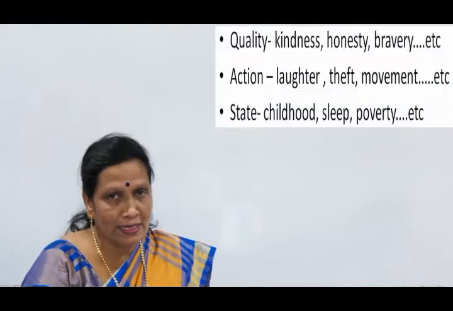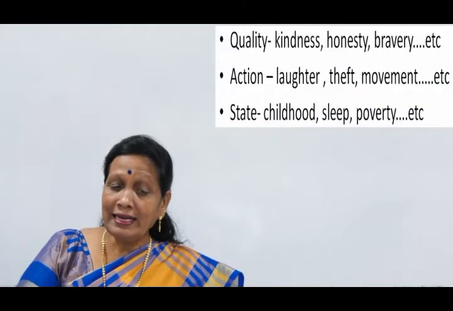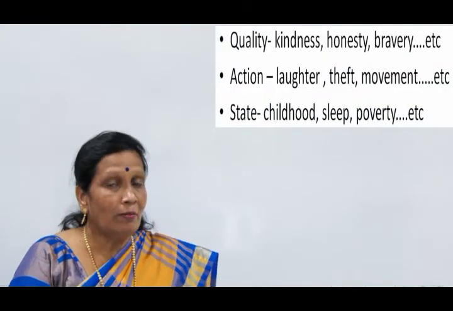You can experience it, isn't it? So abstract noun can be categorized as three different states of being. In the state of quality, that is kindness, honesty, bravery. Okay, so you can't touch kindness, you can't touch honesty, you can't touch bravery.